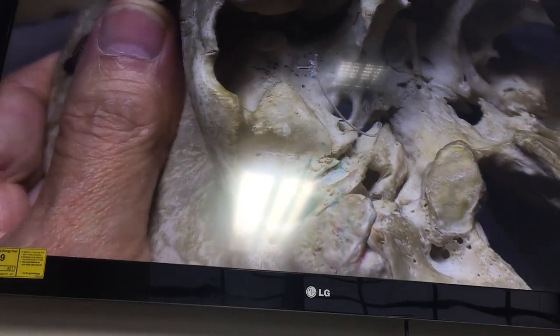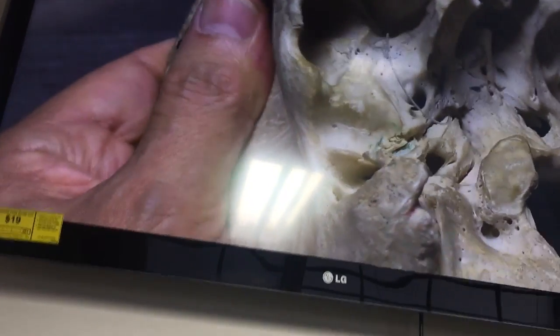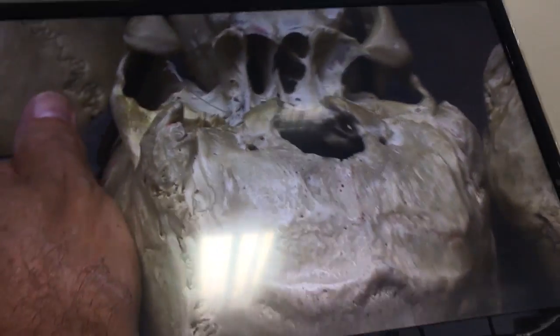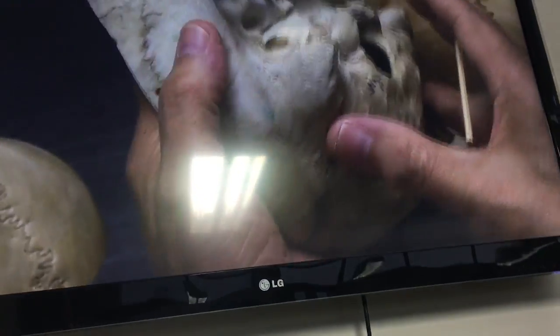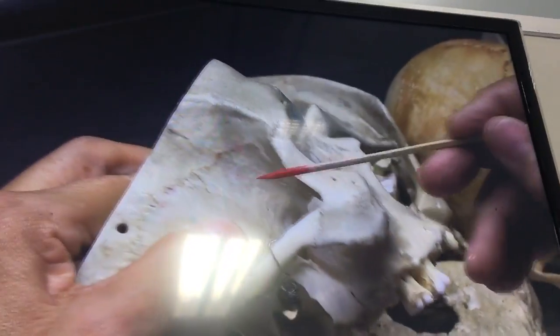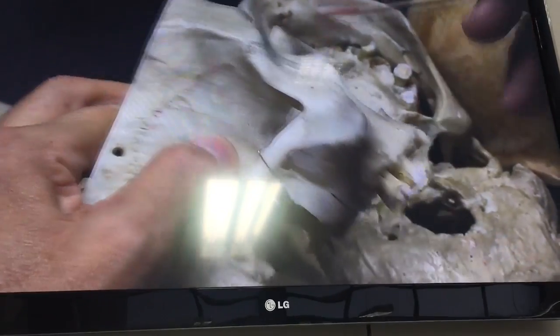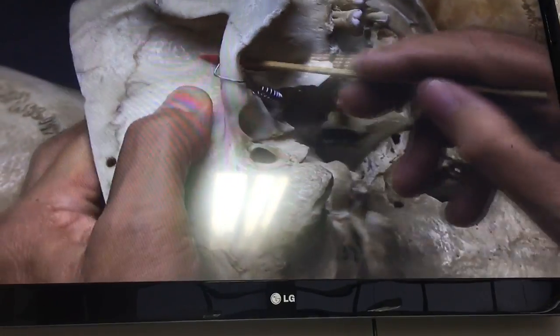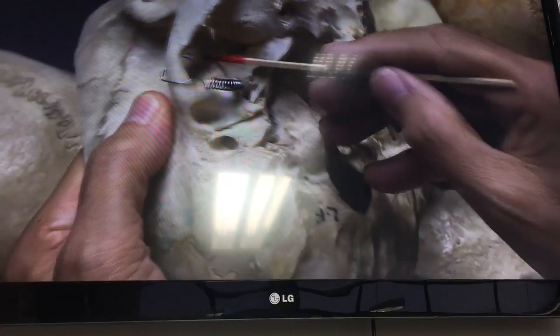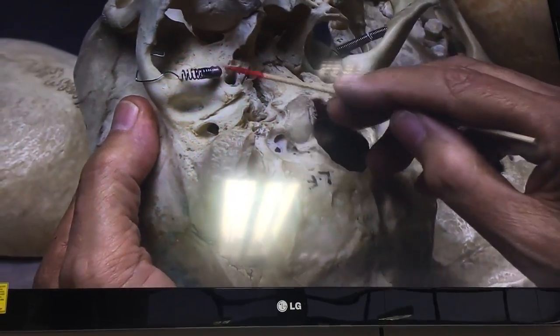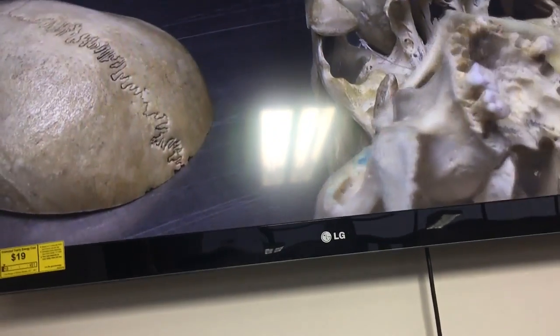So what I'll do, I'll just go. Now, the greater wing of the sphenoid makes a significant contribution to the inferior part of the base of the skull here, right?